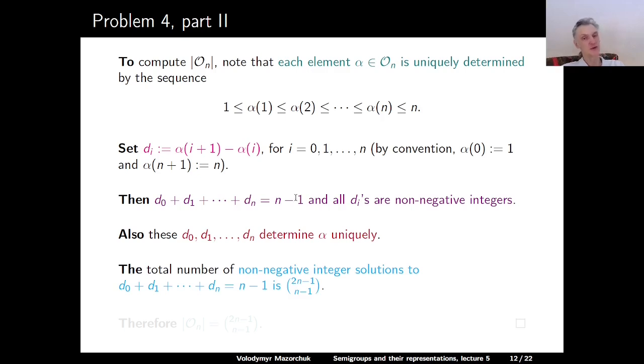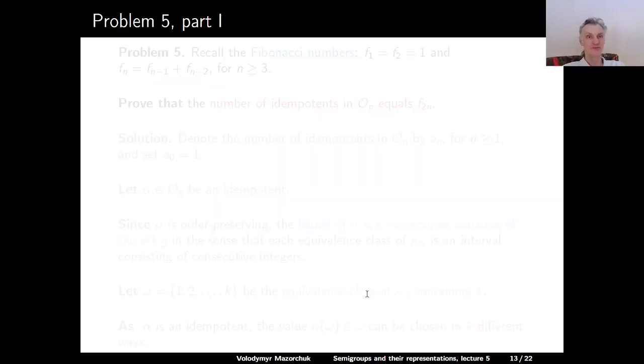And of course, the total number of non-negative integer solutions to such an equation is equal to a plus b choose b, where a is n minus 1, so the right-hand side, plus n, which is the number of variables minus 1, so it's 2n minus 1, and b is n minus 1, which is just the right-hand side. So it's 2n minus 1 choose n minus 1. So the cardinality of On is 2n minus 1 choose n minus 1, which is the same as 2n minus 1 choose n.